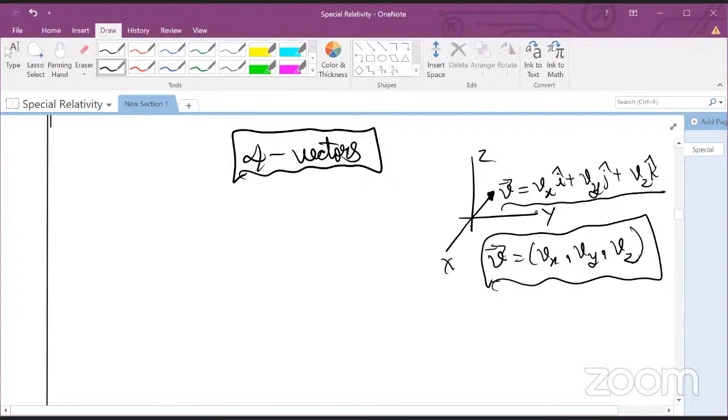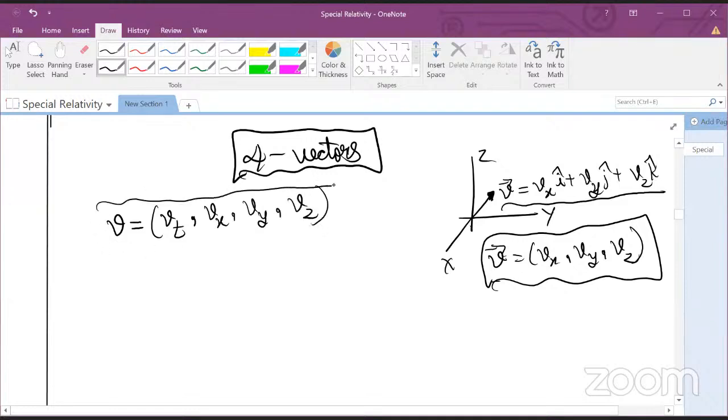But in four vectors, we have an additional component of time. Say some vector v has four components. I'll write it as vt, the time component, vx, the x component, the y component, and the z component.